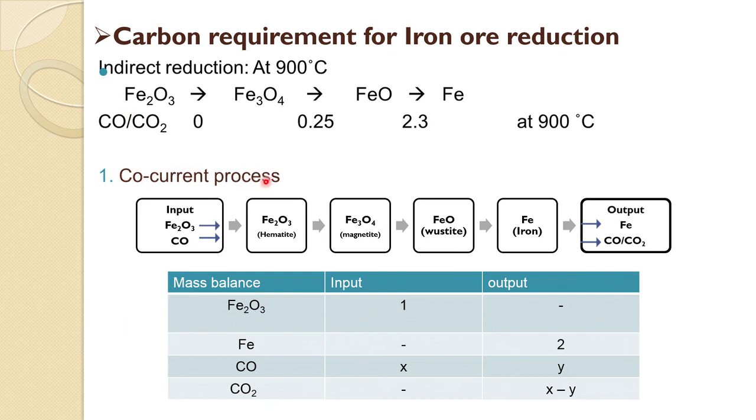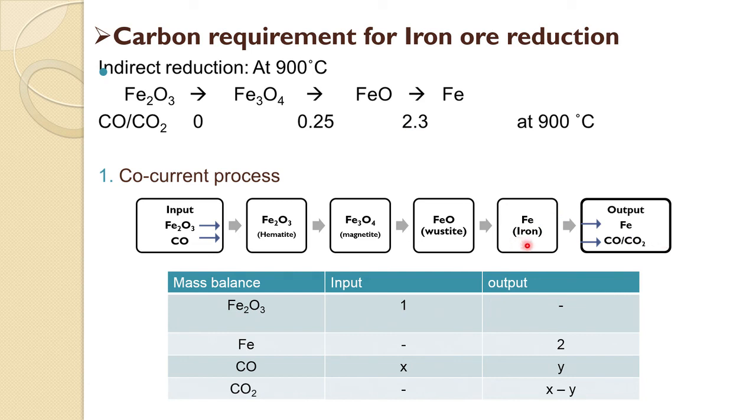So, in co-current process, when hematite and carbon monoxide are being fed together from the top, that is how the input is. Then it has to of course reduce hematite, magnetite, then wustite and then iron. And remember, if you have to reduce to iron, your CO-CO2 ratio has to be minimum here, that 1.5 in the product.